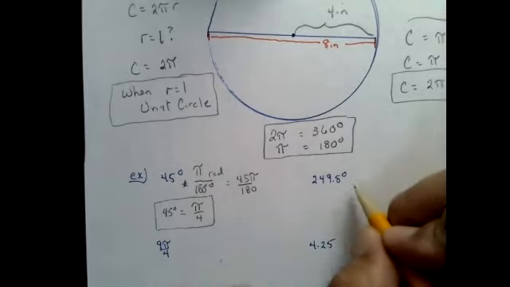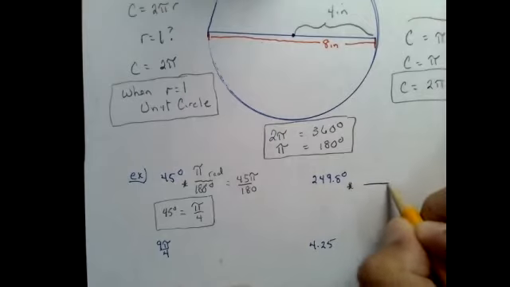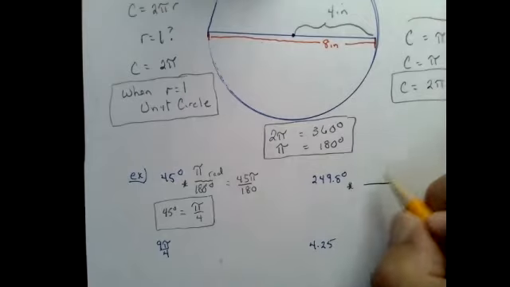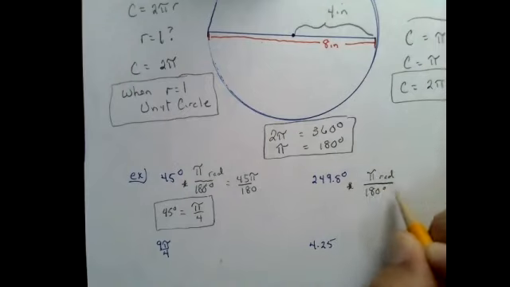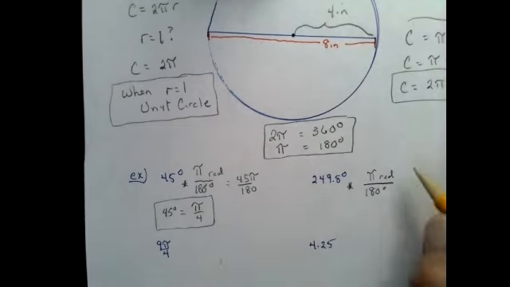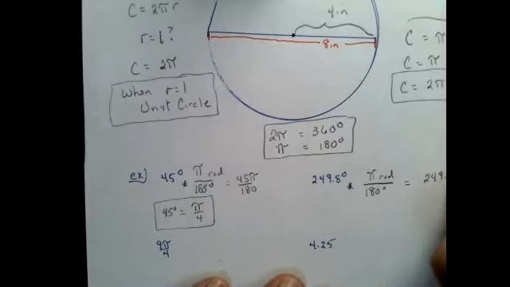Let's do it again. I'm going to multiply by 1. And my 1 is going to be pi radians over 180 degrees. Degrees and degrees. So in the numerator, my exact value would be pi over 180 radians.